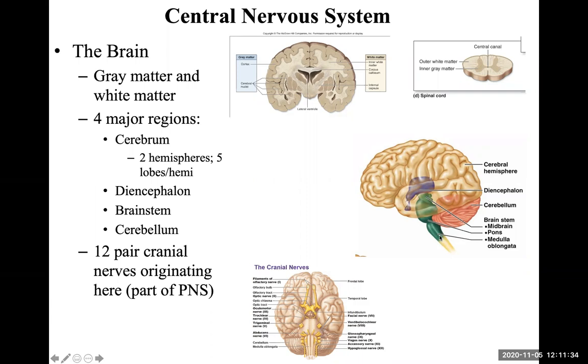And then the fourth major region of the brain is what we call the cerebellum. When you look at a model of the brain or images of models, you'll notice that the cerebellum has a different texture to it. It's not made up of this folded tissue. You don't find those convolutions.